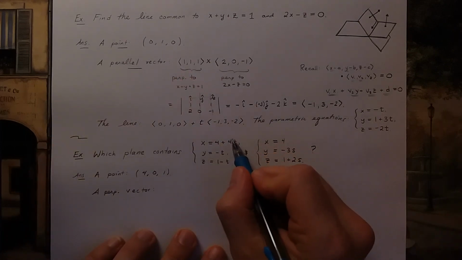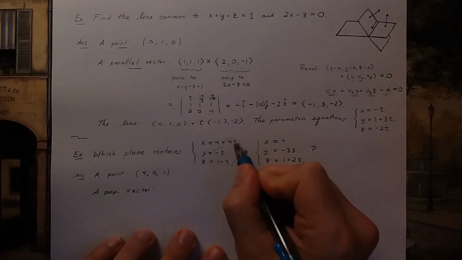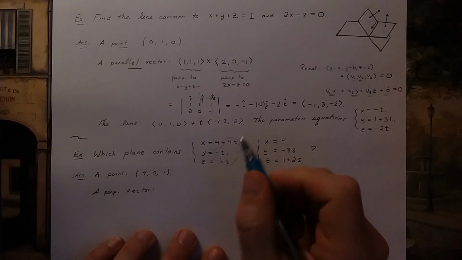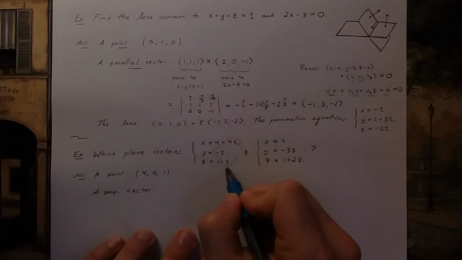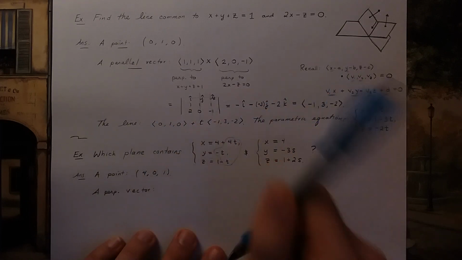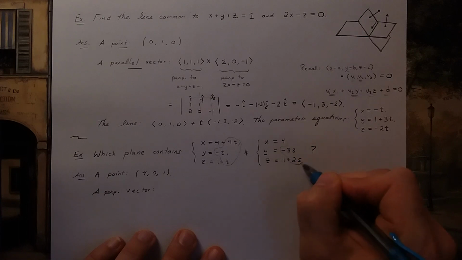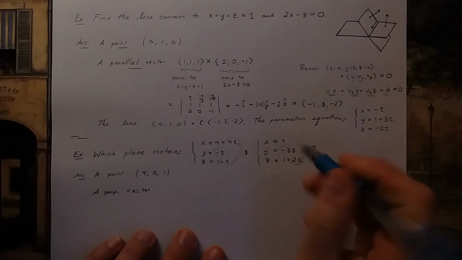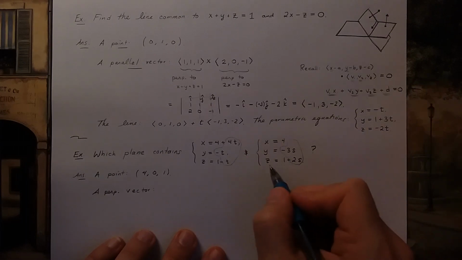This time, I can look at the coefficients of t. I could look at what's in front of the t here, and the coefficients in front of t, 4, -1, -1, give me a parallel vector to my line. The coefficients of s here look to be 0, -3, 2. That's a vector that's parallel to this s line.